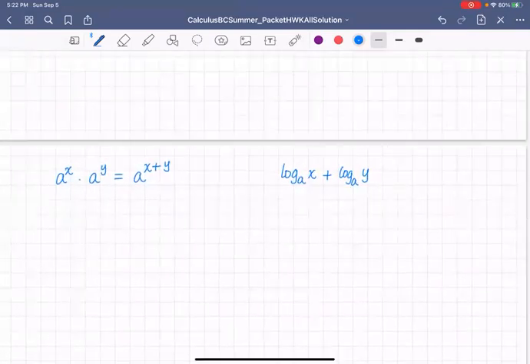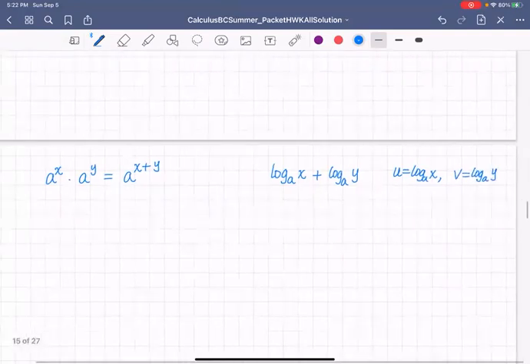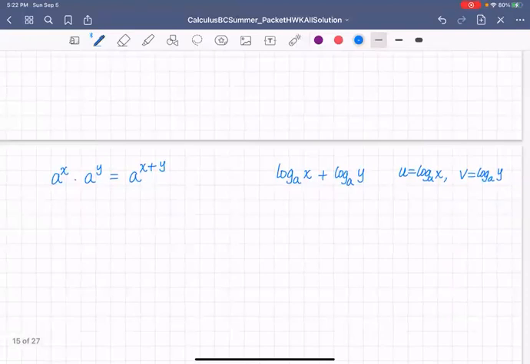We can say let u equal log a of x. Let v equal log a of y. Does this make sense? Okay. So x equals a to the power of u, right? y equals a to the power of v.